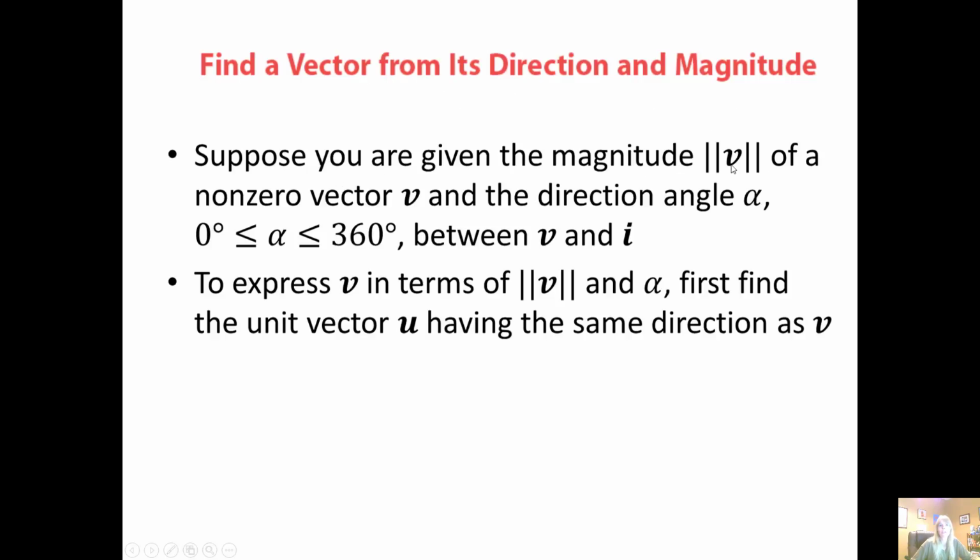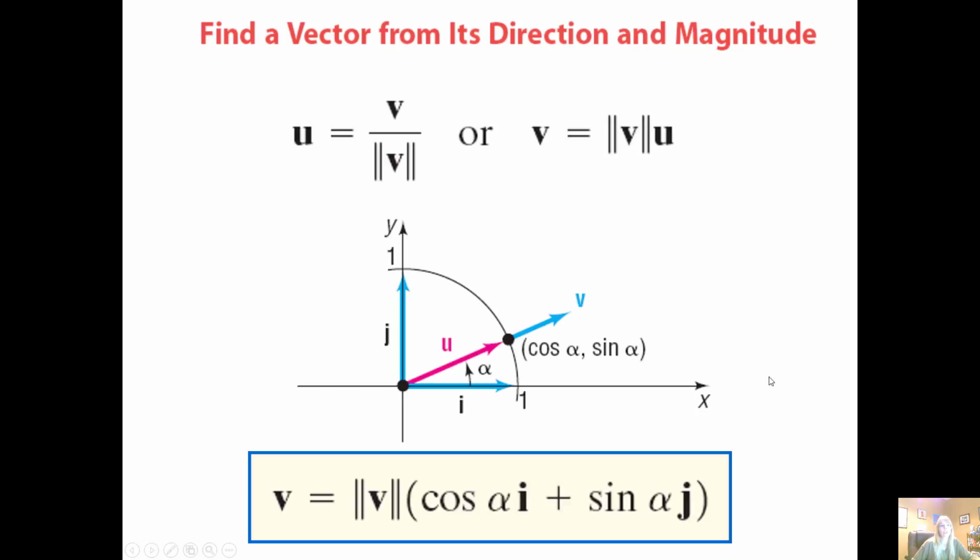Suppose you are given the magnitude of a non-zero vector and the direction angle. You have an angle between 0 and 360 degrees between my vector v and my horizontal vector. To express v in terms of the magnitude and the angle, first find the unit vector having the same direction, which is what we just did.